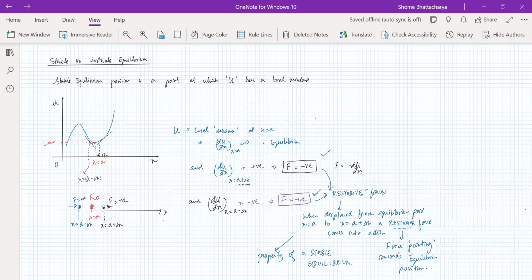So that means there's a restorative force. That is the property of a stable equilibrium position. And in terms of potential energy, what this property means is that the potential energy graph should have a local minima at the position of stable equilibrium.